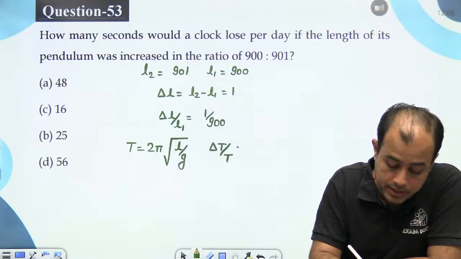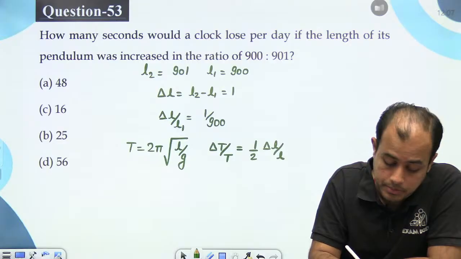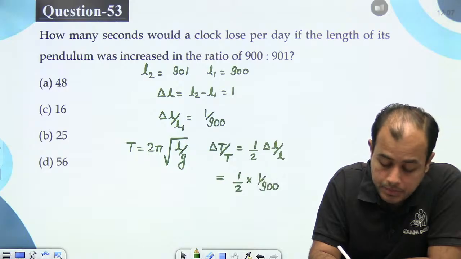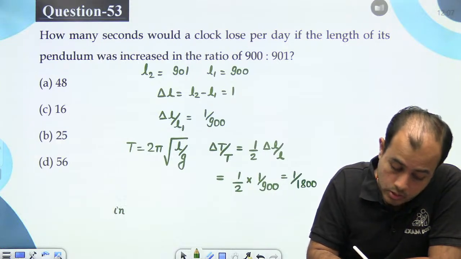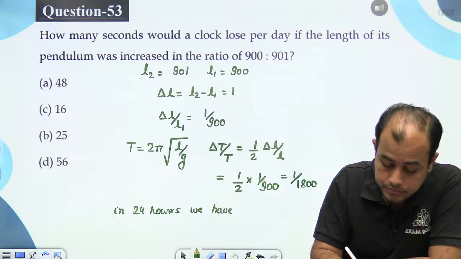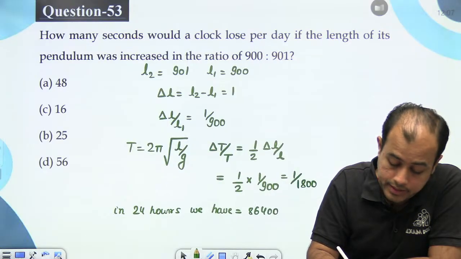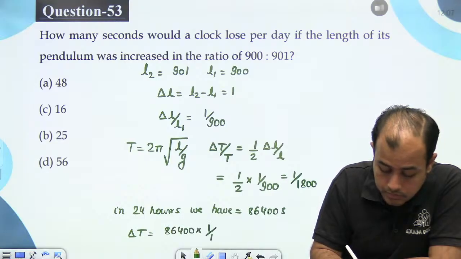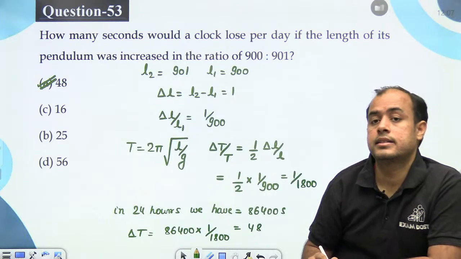So the change in time period will be half delta L by L, because the power is half, so it comes as a factor multiplied with delta L by L. In 24 hours we have 86,400 seconds. So the answer is 48 seconds.